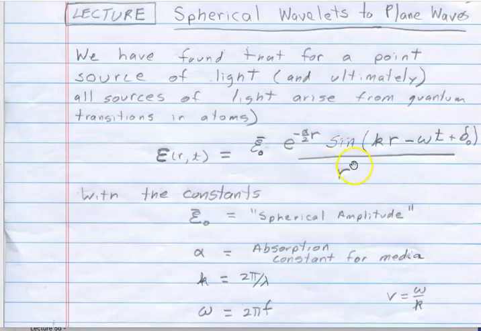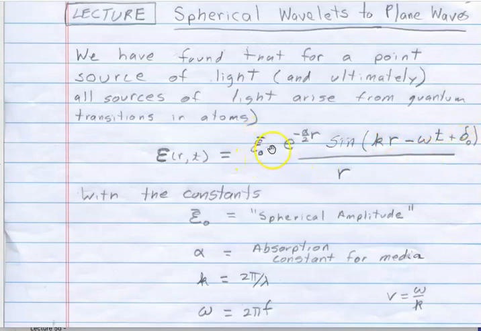And that really comes out of the 1 over r squared fall off of light intensity with distance as an experimental fact. The alpha is to account for absorptive media or lossy media. And then we have either a sine or a cosine for these radial spherical waves, k r minus omega t, plus possibly a phase shift. A lot of times I'll just set that equal to 0.